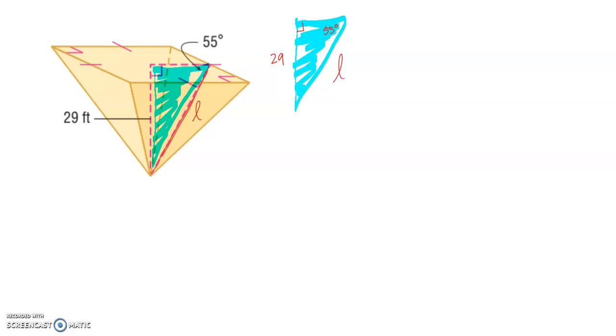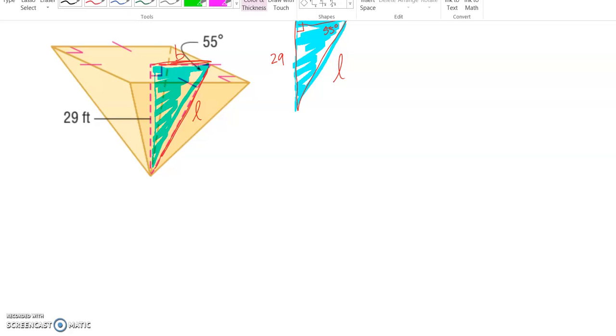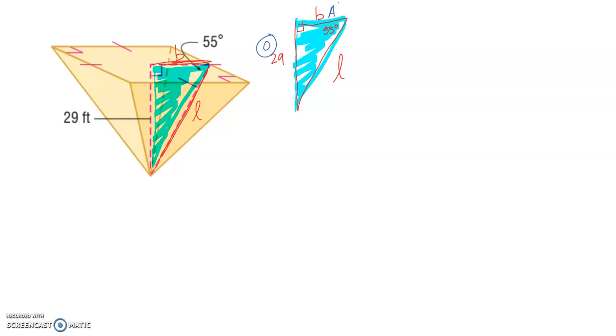I'm going to label that L, as well as this side right here, which I'm going to call B for base. You could call it whatever you want, though. Once I do that, if I'm given a non-special right triangle, so in this case I'm given a 55-degree angle, I'm going to start by labeling what the individual pieces are. So this is the opposite, this is the adjacent, and this is the hypotenuse.